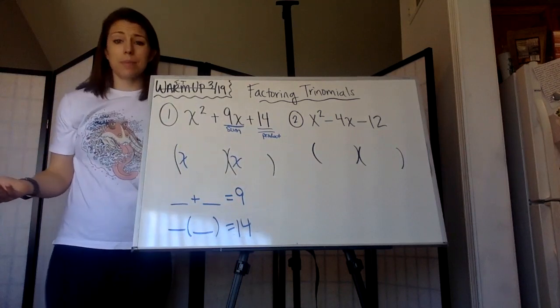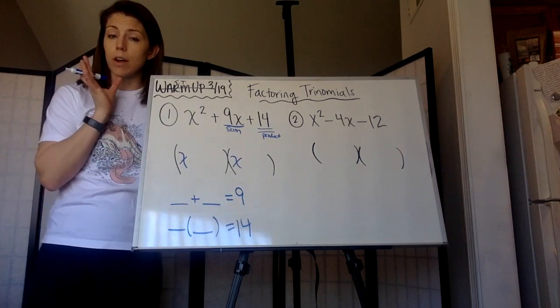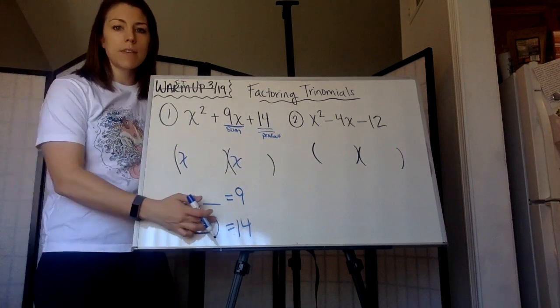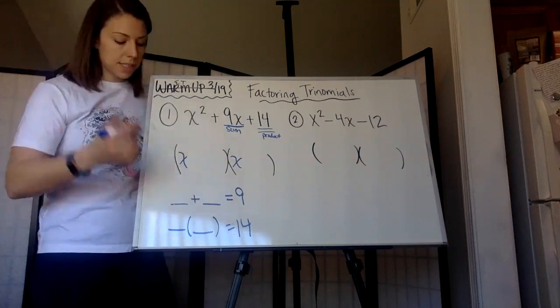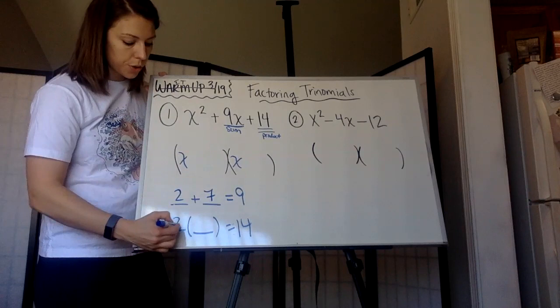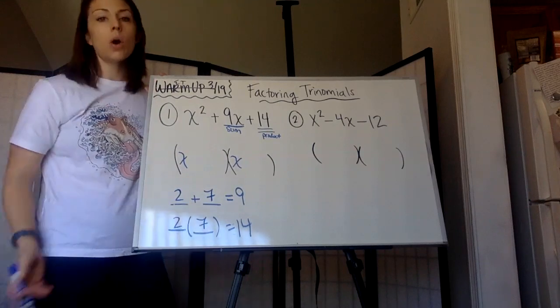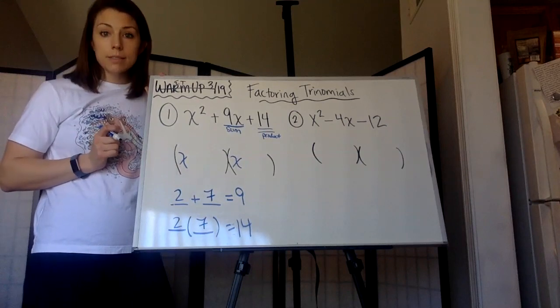The only 2 numbers that come to mind for me are 2 and 7, but always remember 1 goes into everything also. So if 2 times 7 is 14, does 2 plus 7 also equal 9? Yes, it does. So our P and Q are 2 and 7, or 7 and 2. Totally works as well.